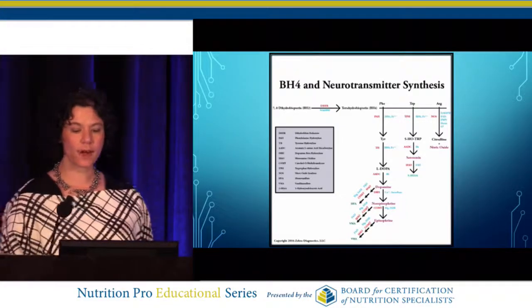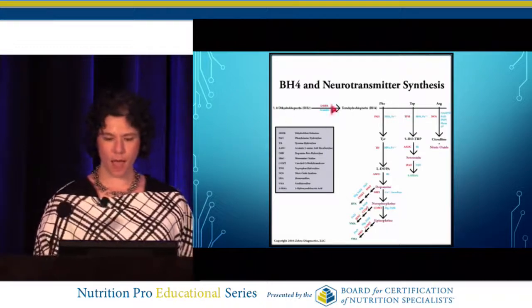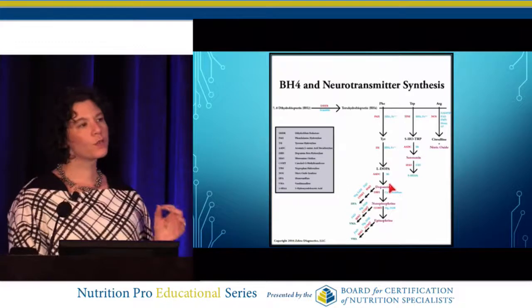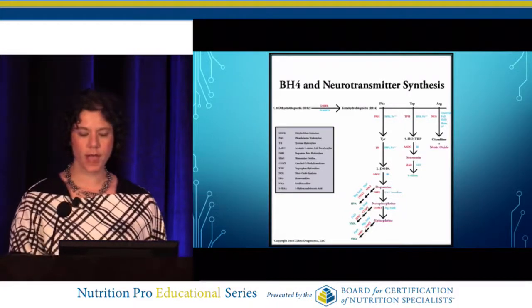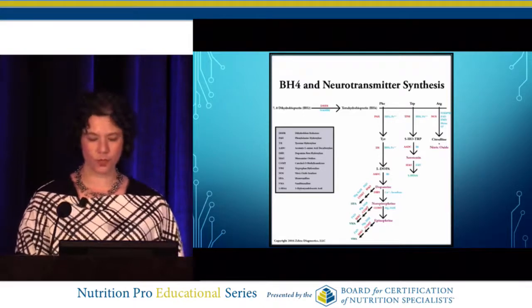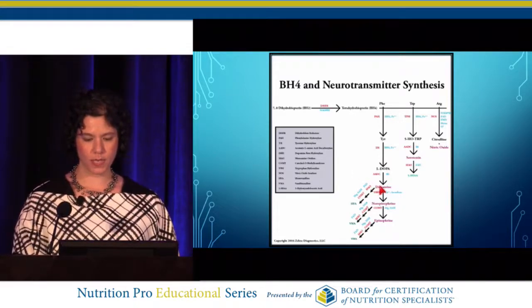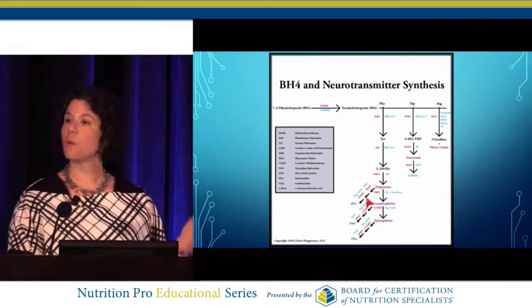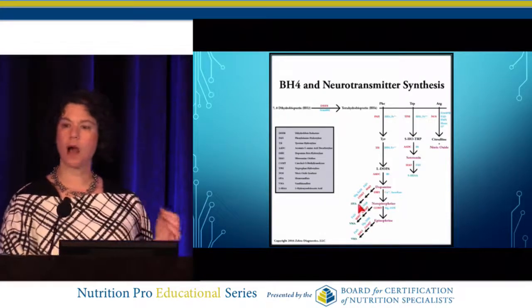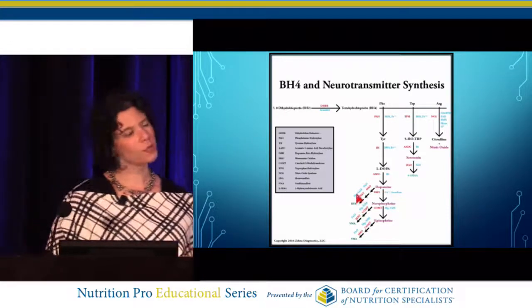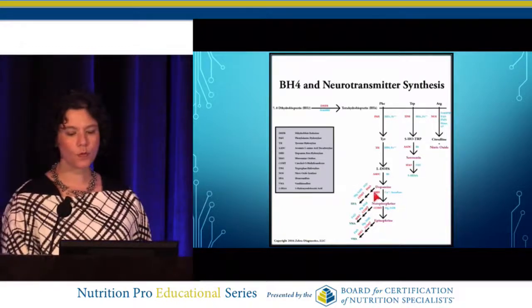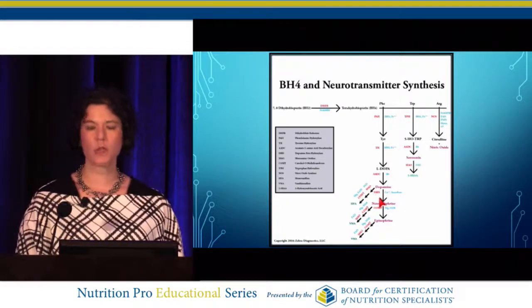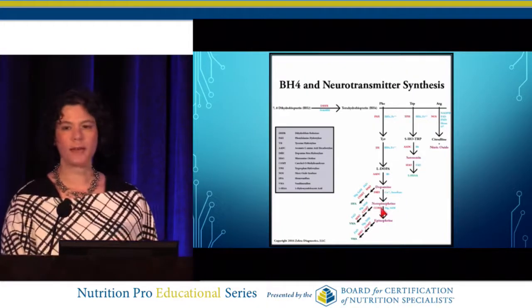So if we take a look at our phenylalanine pathway, which is right through here, and we look at dopamine, we have 2 possible ways to go. The body can either decide that it's time to break down the dopamine directly, in which case we can take dopamine to homovanillate using both the COMT and MAO enzymes. And we'll talk a little bit more about those enzymes in a minute. But we can also go through dopamine beta hydroxylase and convert dopamine to norepinephrine.